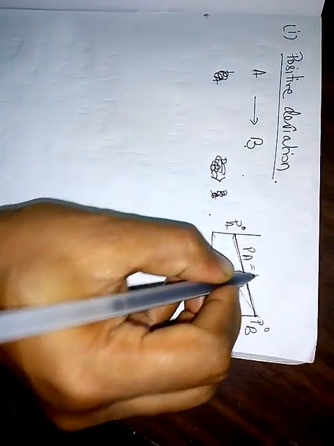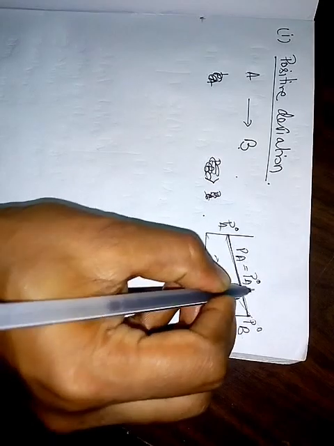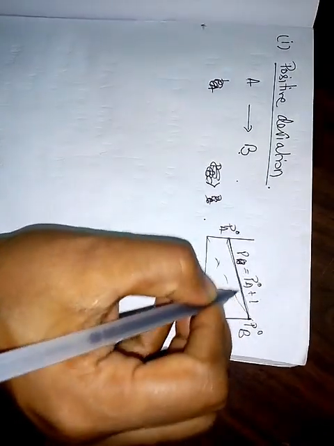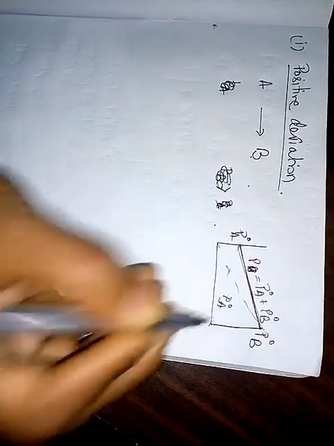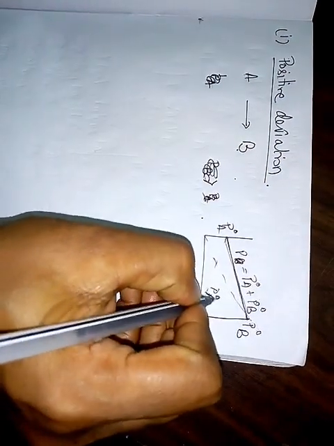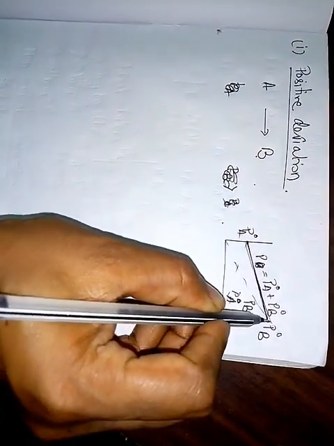So, PA is equal to P naught A, P is equal to P naught A plus P naught B. This is PA, this is PB. So, this is the pressure of the solution.